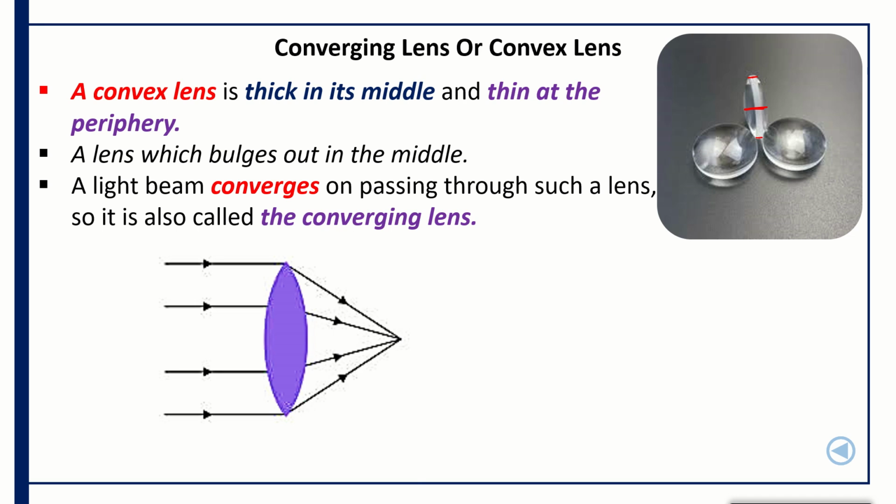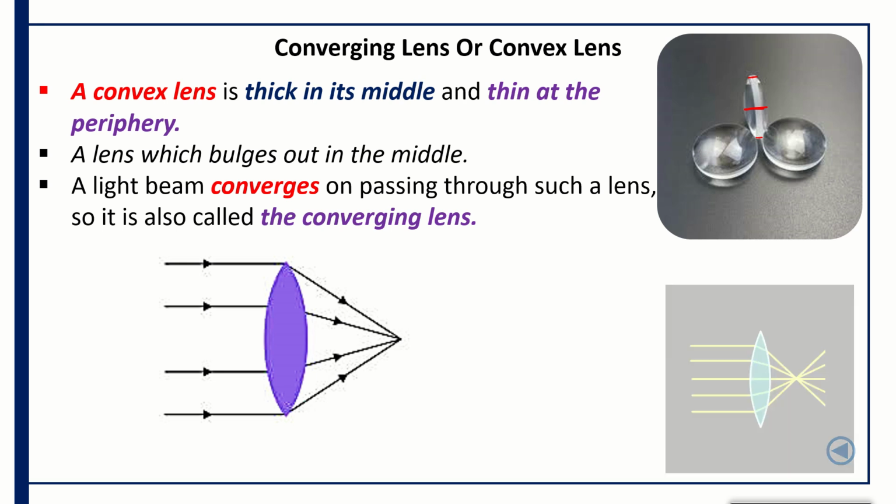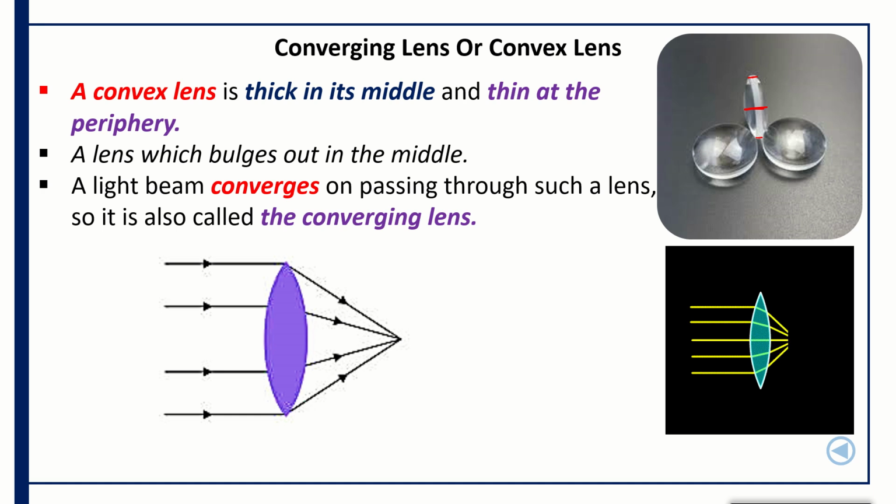So when a light beam falls on a lens, all the light rays will meet at one point after refracting through that lens, and hence it is known as converging lens. Can you see here? When light rays fall on the lens, they get refracted, and that refracted light will meet at one point.